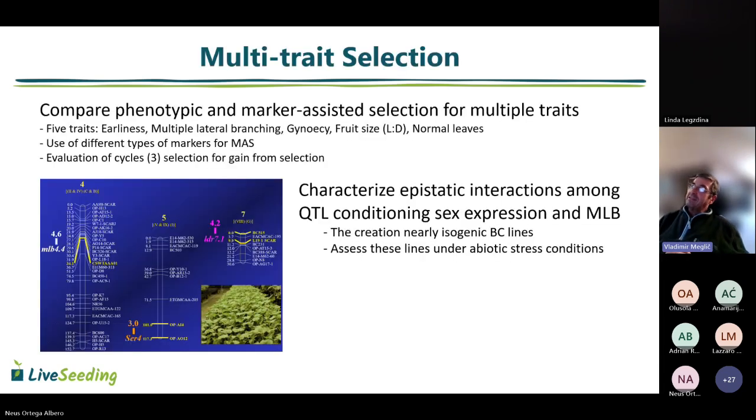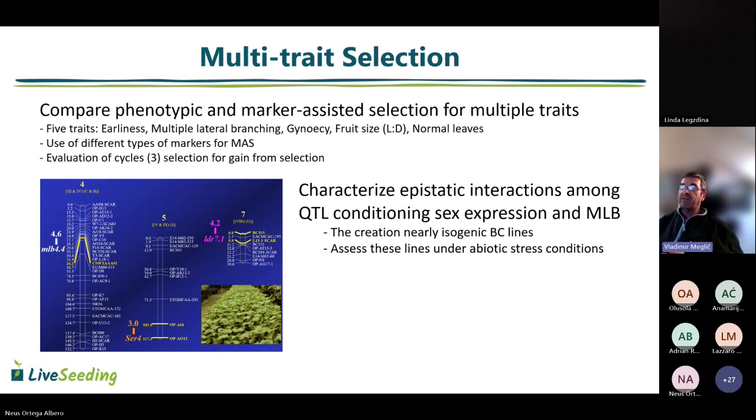So we said that we need to start dealing with multi-trait selection and compare phenotypic and marker-assisted selection for multiple traits, looking at 5 traits and the use of different marker types for marker-assisted selection.